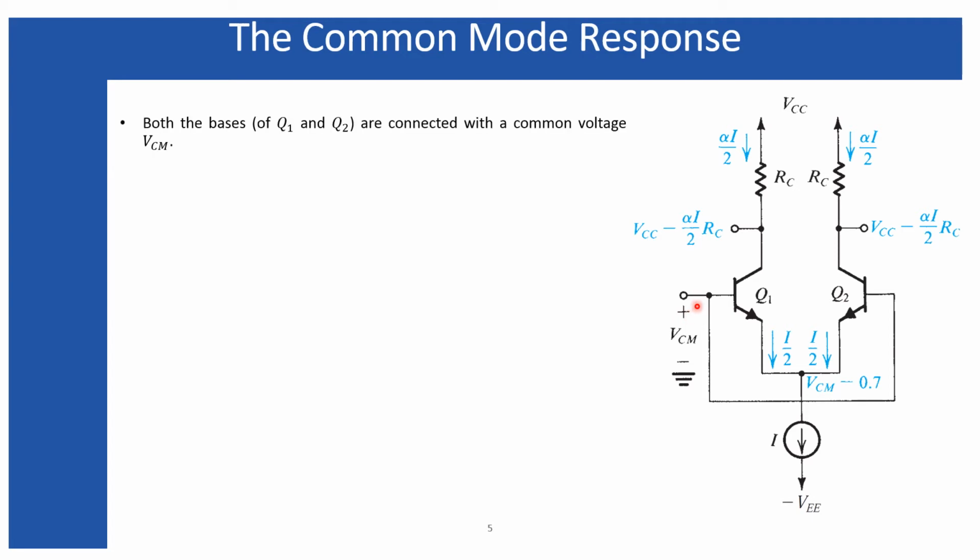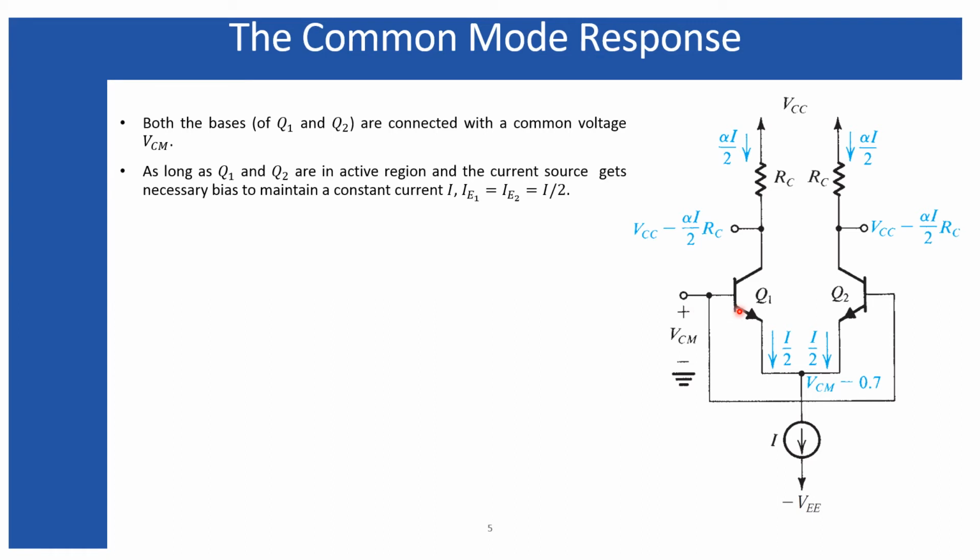As long as these two transistors are in the active region and this current source I has proper biasing, and I will show you in a later lecture that this current source is realized using another bipolar junction transistor, in order to get a constant DC current out of a BJT, the collector to emitter voltage of the BJT must have a very large value.